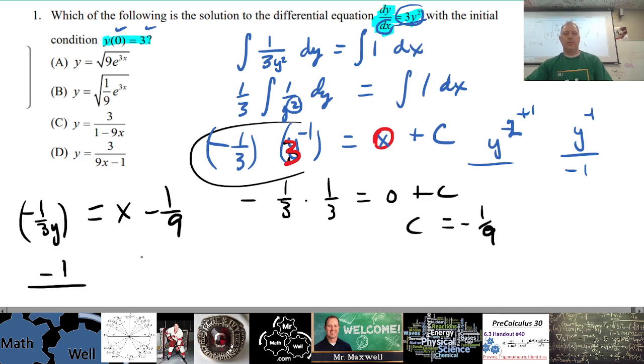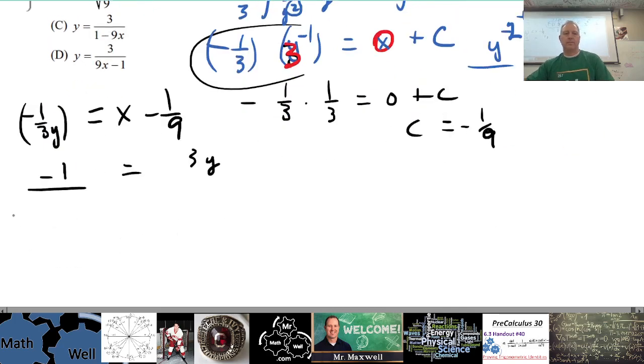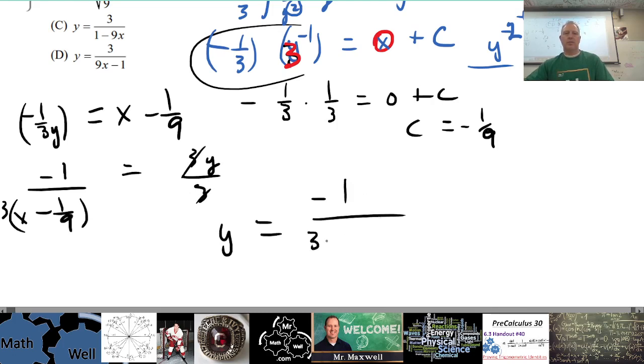Got a negative 1 up there still. It's going to be 3y over here, x minus 1 over 9 down here. And then the 3, I'll divide everything by 3. So then I should have y equals negative 1, and down here this is going to be 3x minus 1/3.